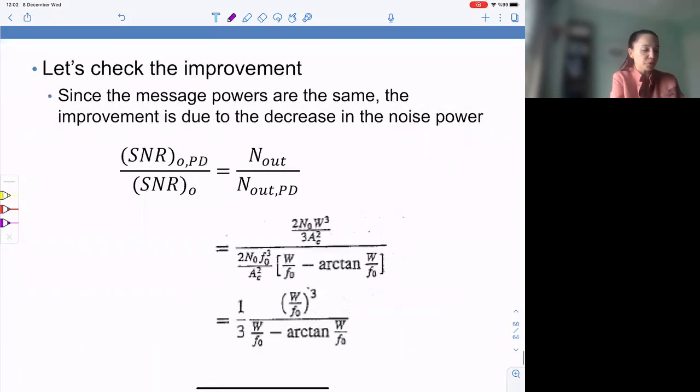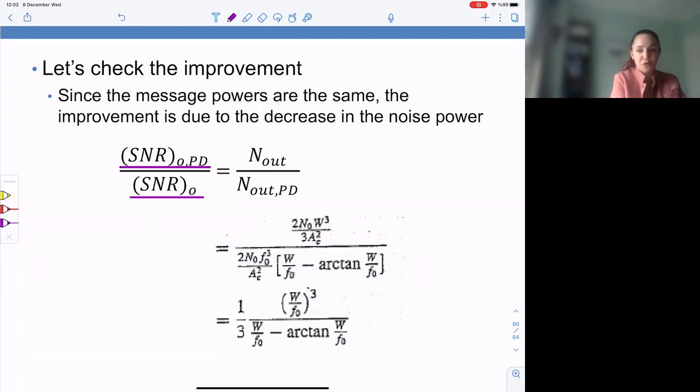Let's check the improvement. The SNR out with the pre-emphasis, de-emphasis versus SNR out without using pre-emphasis or de-emphasis is equal to the ratio of the output powers in both cases.